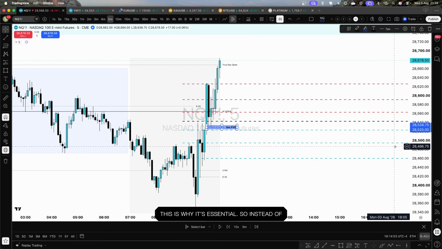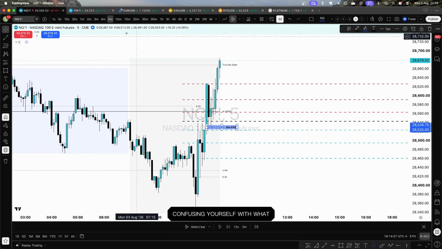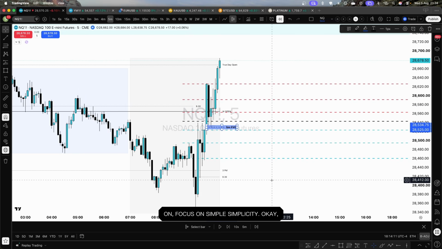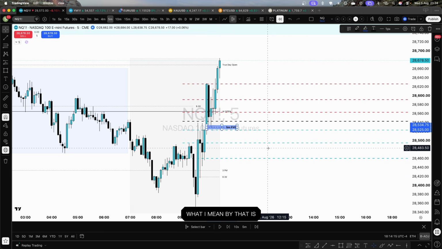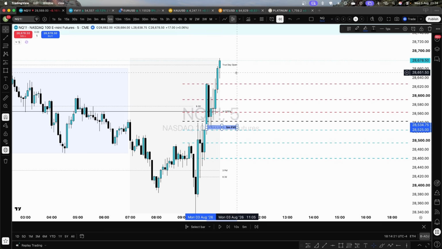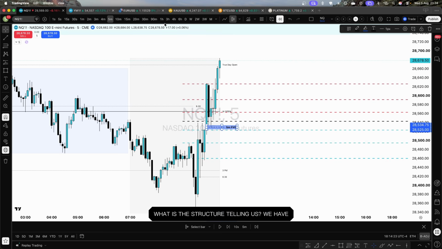This is why it's essential, instead of confusing yourself with what time frame you should look at or trade on, to focus on simplicity. Again, we looked at the daily time frame and understood the daily is bullish. What is the structure telling us? We have to go down to the hourly for the structure, and our entries come from the 5-minute.